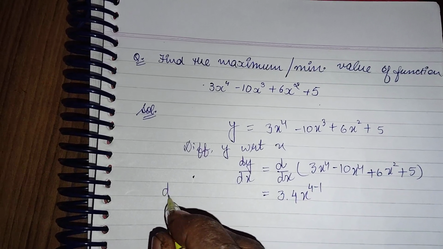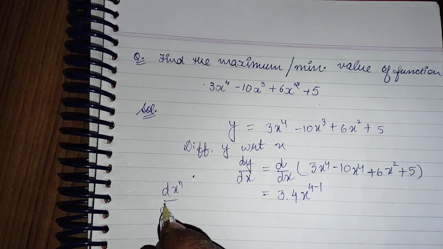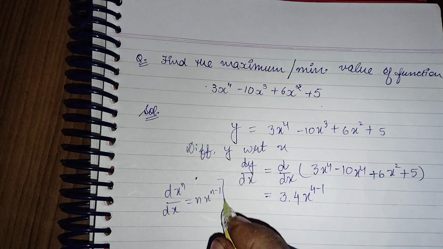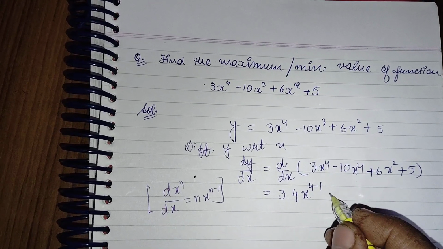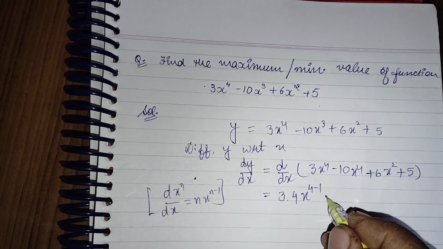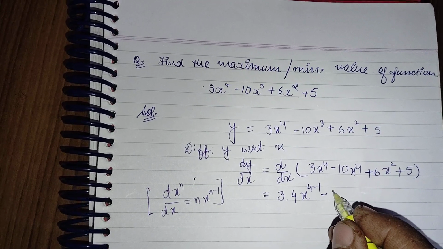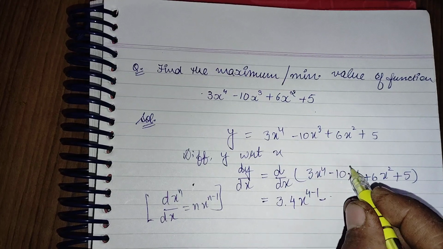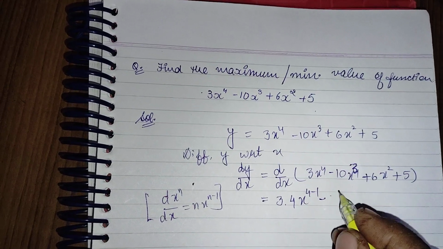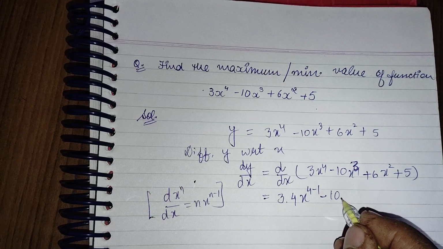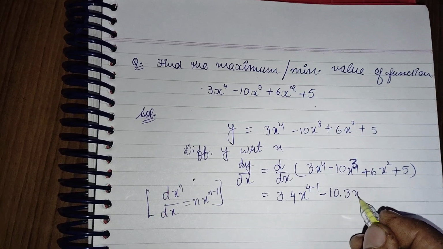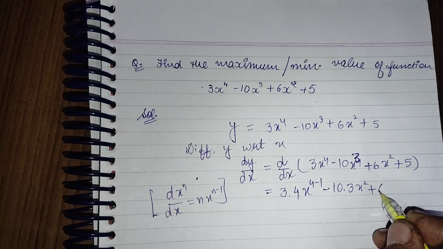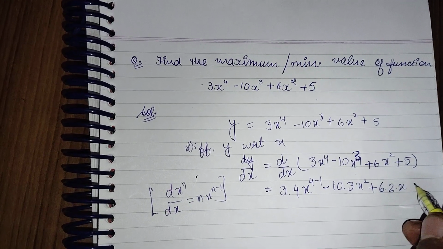So we write the law: differentiation of x^n is n x^(n-1). According to it we write here 4x^(4-1). Similarly, minus 10x^3 is differentiated: x^3 gives 3x^2. Plus 6x^2: x^2 gives 2x.